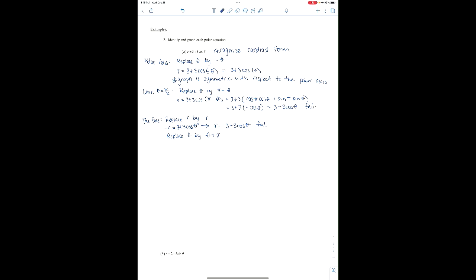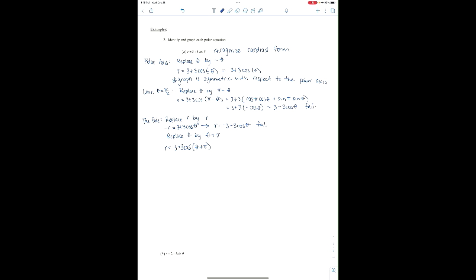And so that would be r equals 3 plus 3 cosine theta, where theta is going to be theta plus pi.